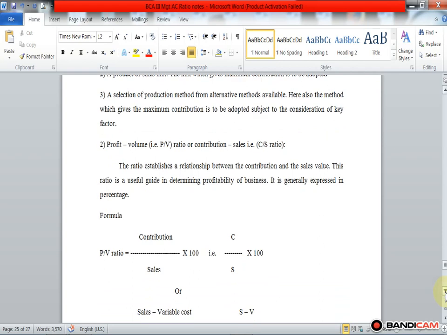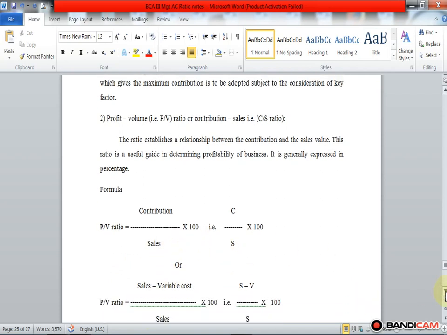For calculating PV ratio, we first find out the contribution. In short, C upon S multiplied by 100 gives the PV ratio of the organization.